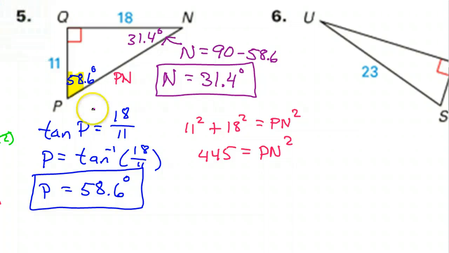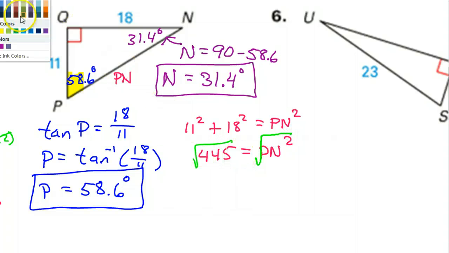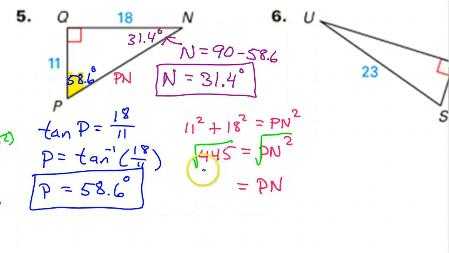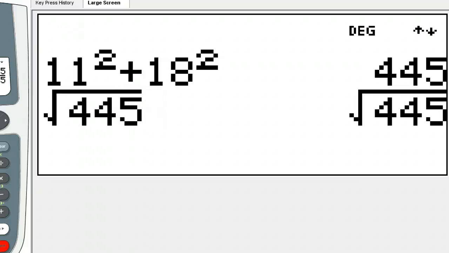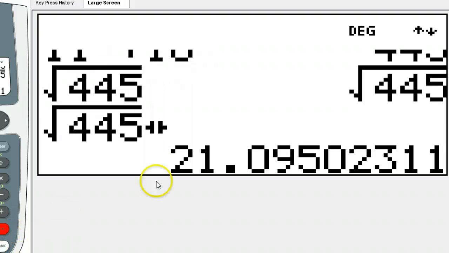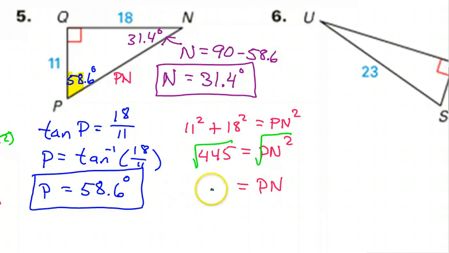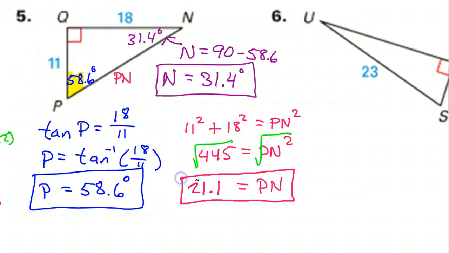If I want to solve this, I will take the square root of both sides. That'll give me PN. So the square root of 445. Okay, decimal. So 21.1, got to round up. And those are the three pieces of information that we needed.